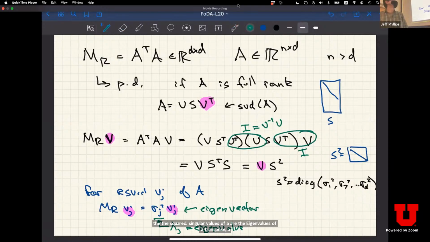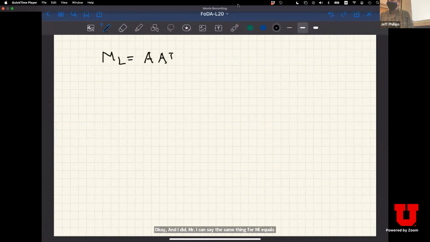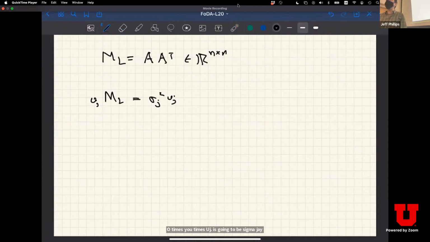Okay. And I did MR. I can say the same thing for ML equals A A transpose, right? This is now in R n by n, and so ML times Uj is going to be sigma j squared times Uj.